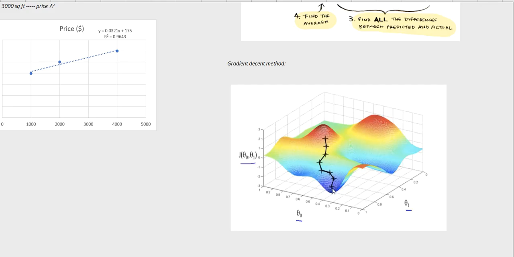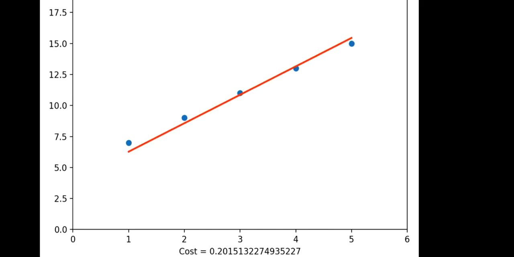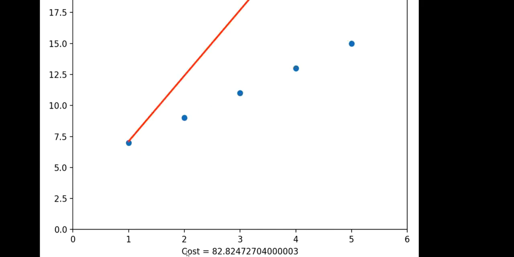Clear? Okay, so now I will show some videos, just 1 minute. In this particular video you can easily see the cost. What is the value of the cost function here? It is 82. Now when we run gradient descent, it will check by changing the theta 0 and theta 1 values where I'm getting the minimum cost.